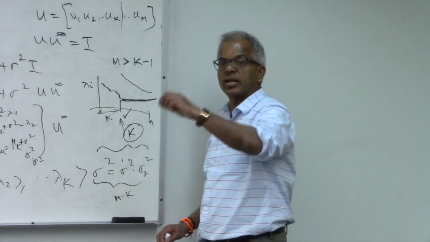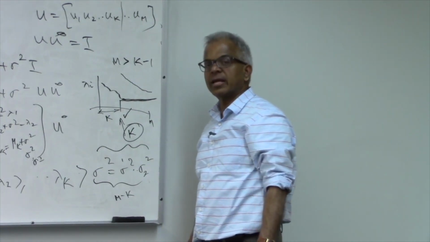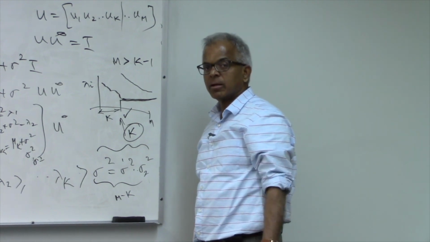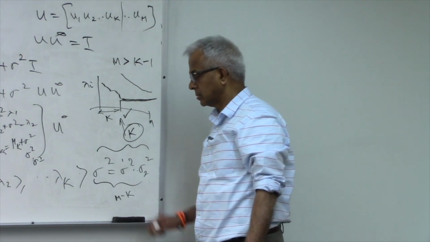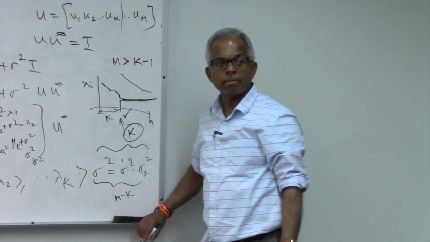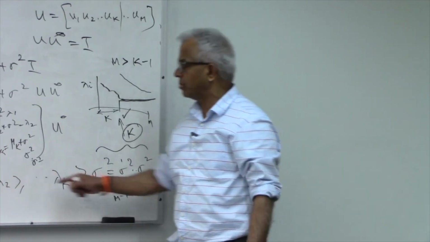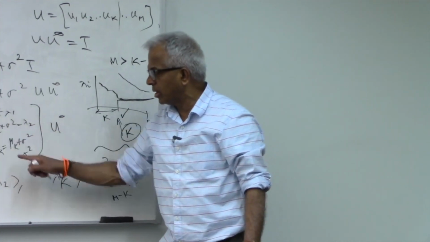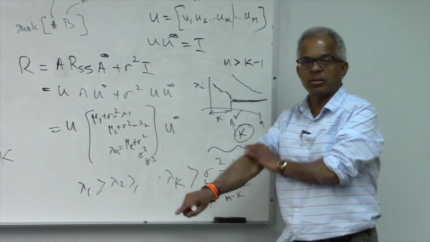Every eigenvalue is greater than the other eigenvalue then. Then of course you can take a good faith assumption that the last one must be noise, but it may or may not work. Some of these could be equal, but there has to be a jump from here to here.